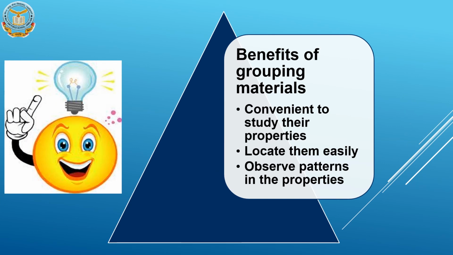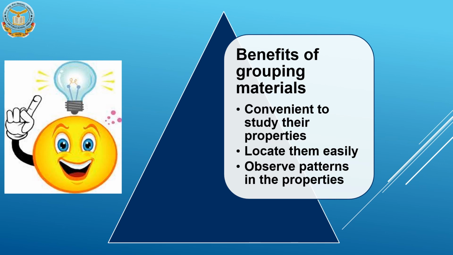Why do we need to group materials? In everyday life, we often group materials for our convenience. At home, we usually store things in such a manner that similar objects are placed together. Such an arrangement helps us to locate them easily.